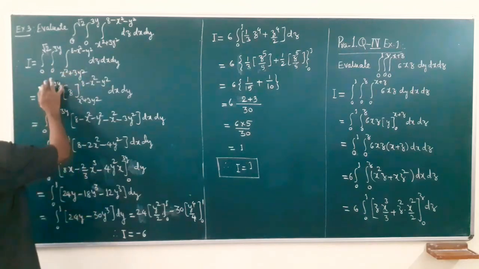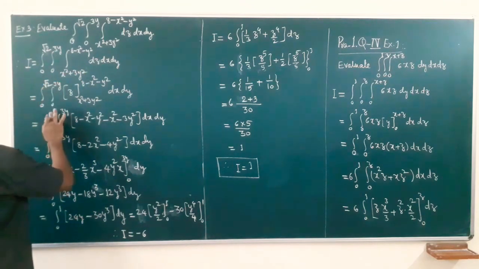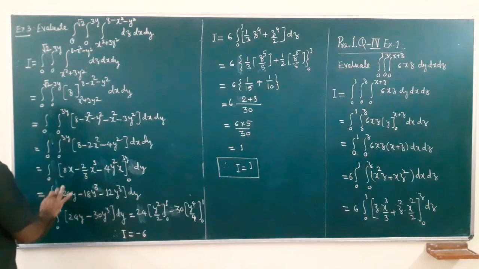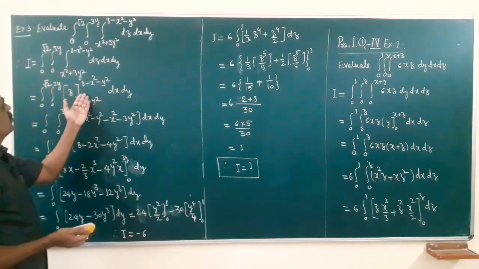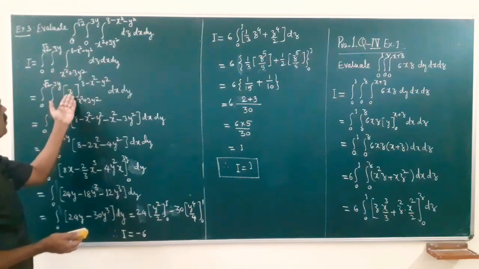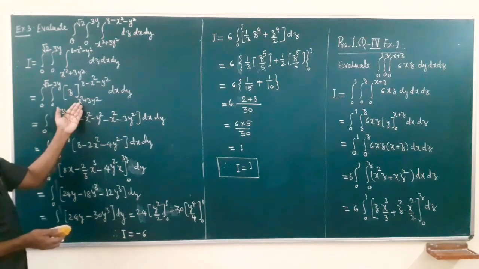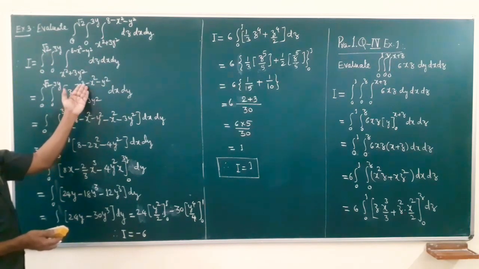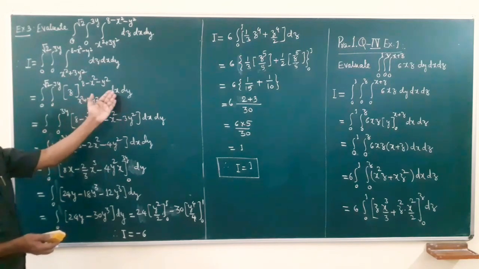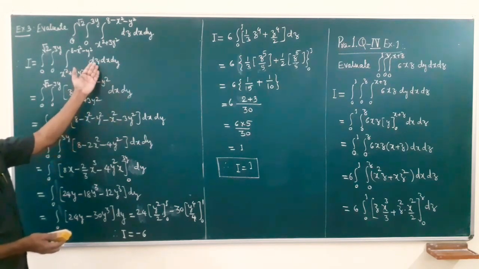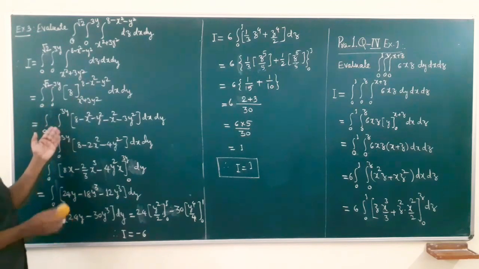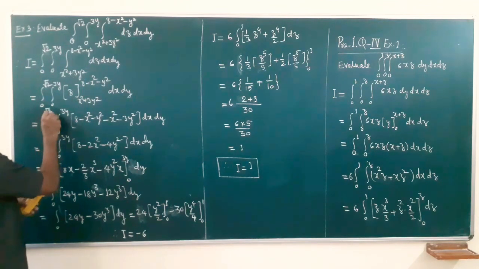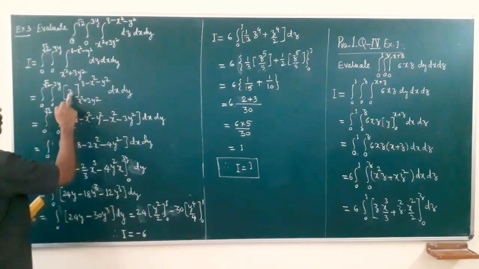Then take the integral with respect to z first. The integral of dz is z, so that will be x square plus 3y square, lower limit, and upper limit, dx dy, because the inner integral is with respect to z. Now take the limits: upper limit minus lower limit.